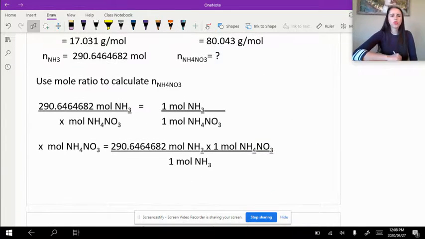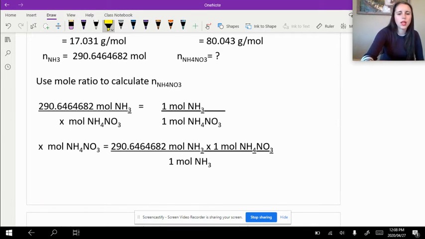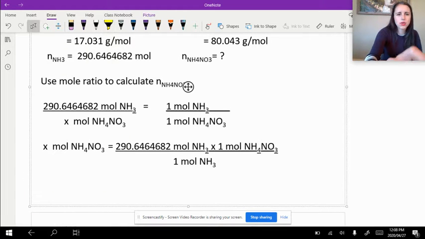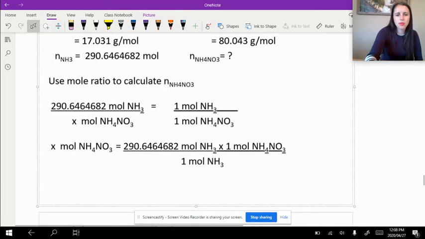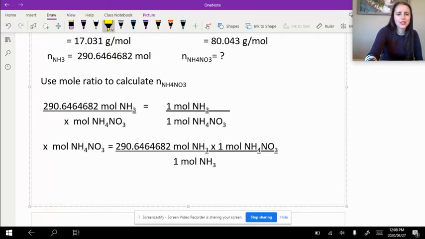I've cross multiplied: X times 1 mole of NH3, and then 290.6 times 1 mole of ammonium nitrate. And then to get X by itself, I'm going to bring that mole of ammonium nitrate to the other side. So we're going to cross multiply. Once we cross multiply, this is going to be the top part of my fraction here.